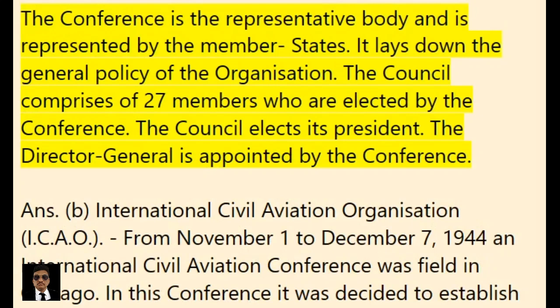It lays down the general policy of the organization. The council comprises 27 members who are elected by the conference. The council elects its president. The Director General is appointed by the conference.